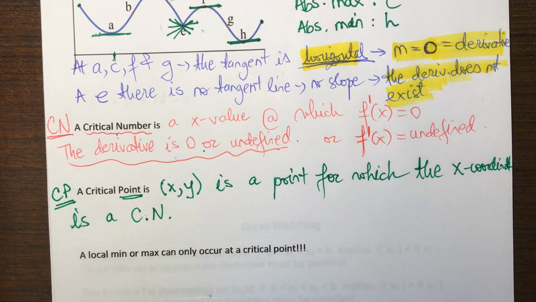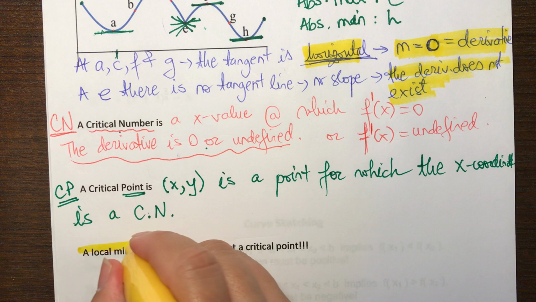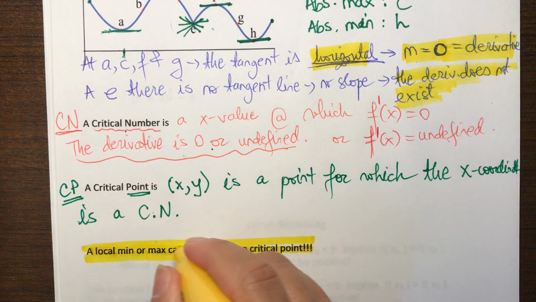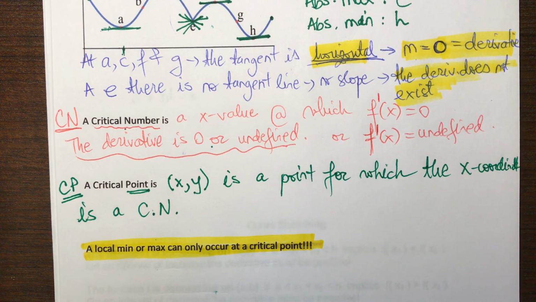Well, I got to find the x first, yes? All right, so the important thing is, just as I said, that if you want to find your mins and maximums, you must find your critical points. So I'm going to say this.